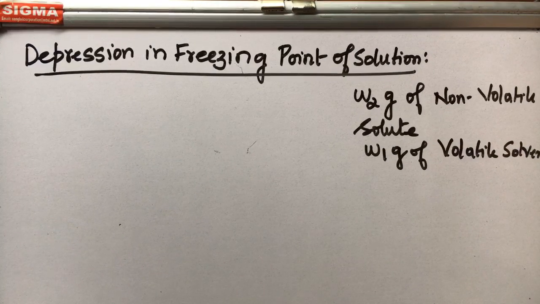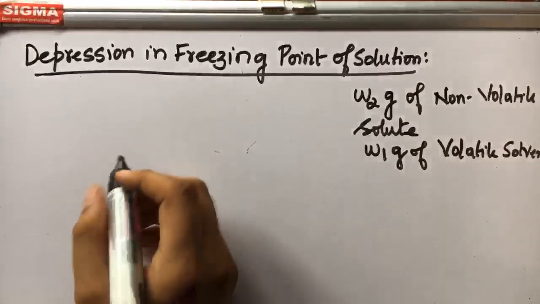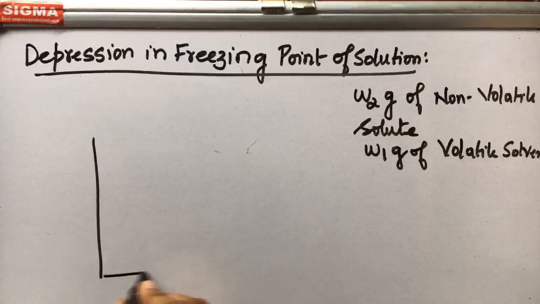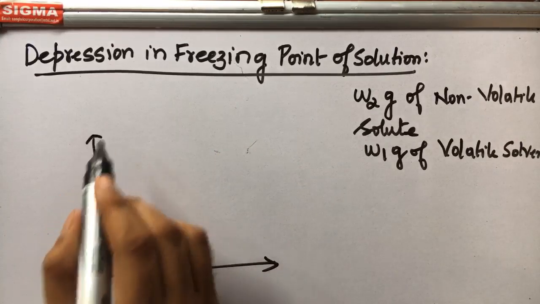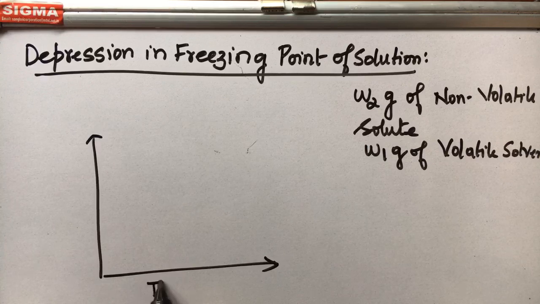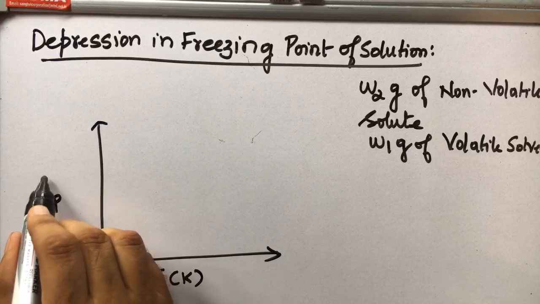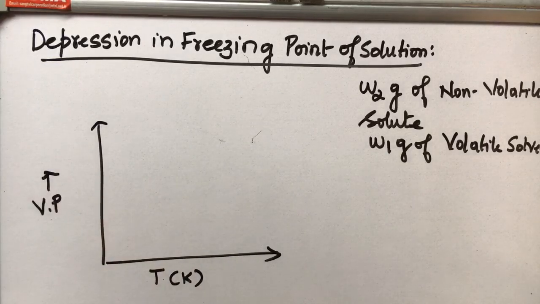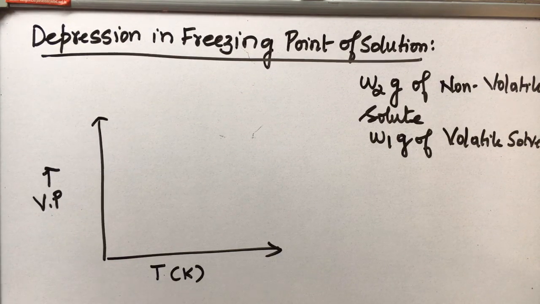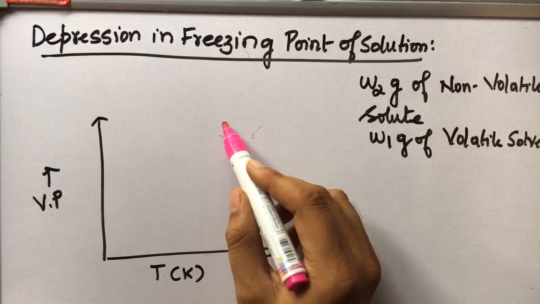Now I'll explain this in the form of a graph. Let us say that we are plotting the graph of temperature in Kelvin. Let us say that here it is the vapor pressure. As you move above, vapor pressure increases. Now let us say, students, at any particular temperature, you know how would be the vapor pressure curve for a solution.